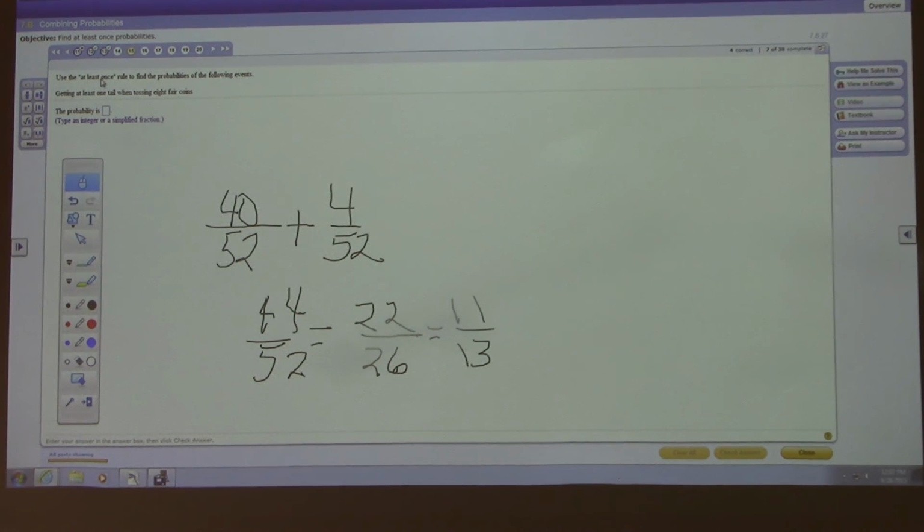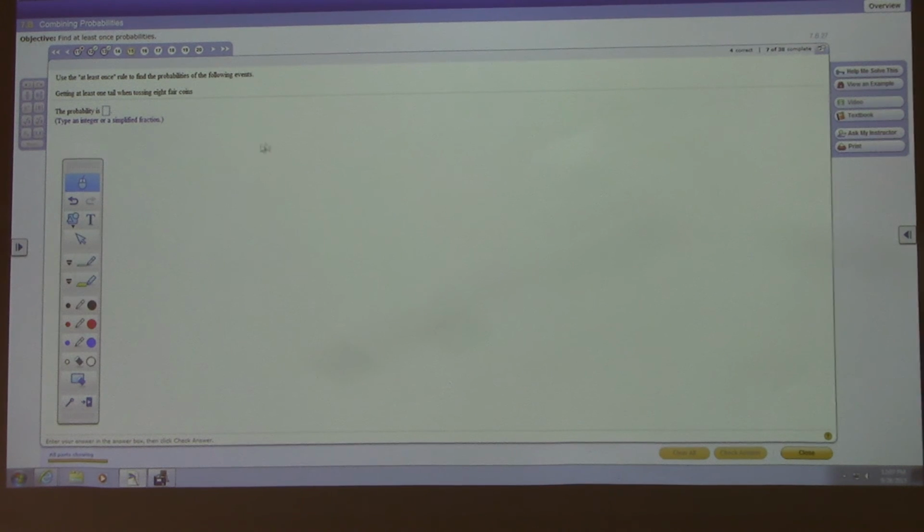All right, at least one. This is very important. Use the at least one rule to find the probabilities of the following events. Getting at least one tail when tossing 8 fair coins. Ask yourself mentally what at least one means.